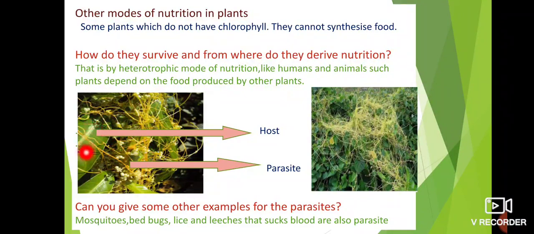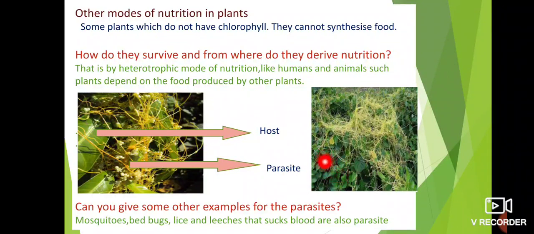That means this green plant is called host and this yellow colored thread like structured plant is called parasite. The plant which provides food is called host. The yellow colored plant which depends on this green colored plant for its food is called parasite.